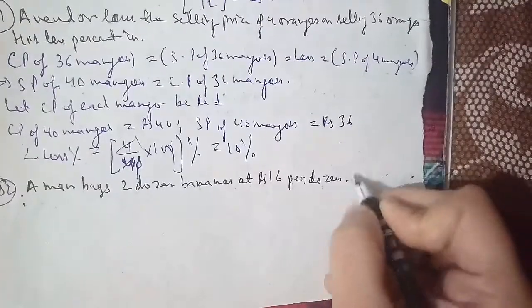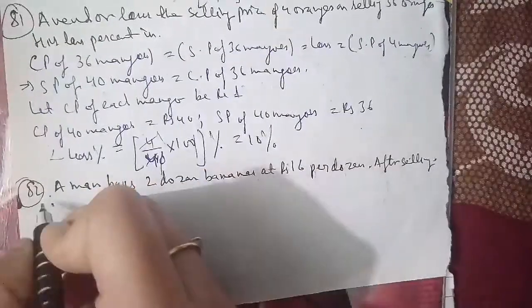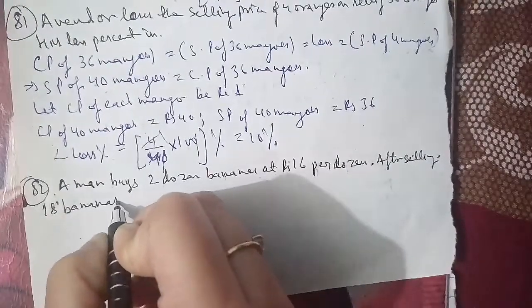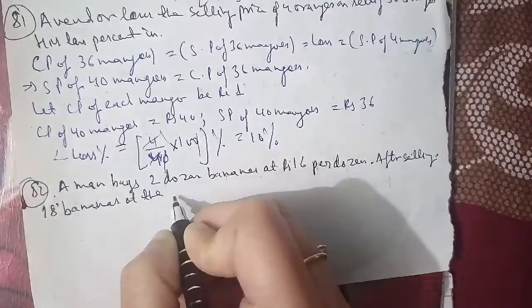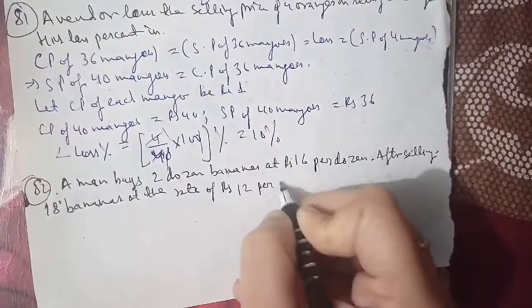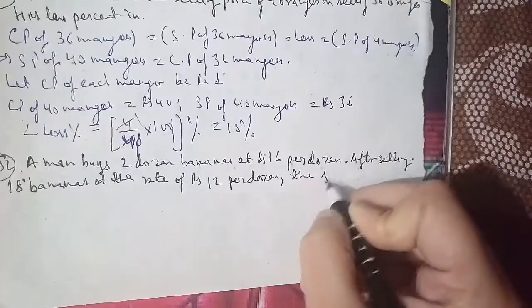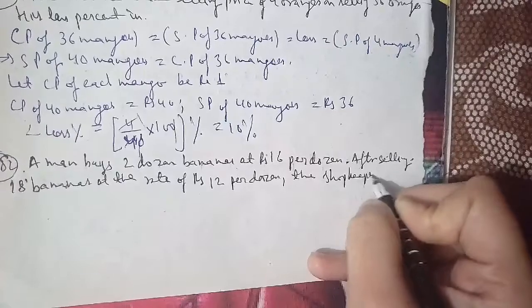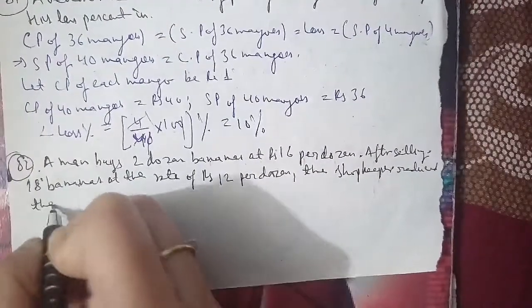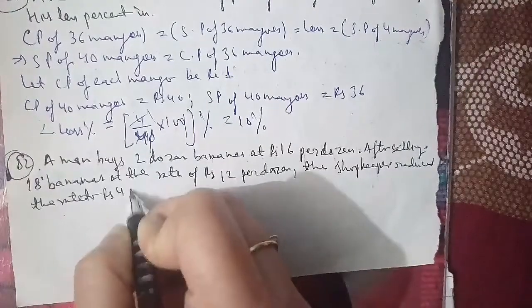After selling 18 bananas at the rate of rupees 12 per dozen, the shopkeeper reduced the rate to rupees 4 per dozen.